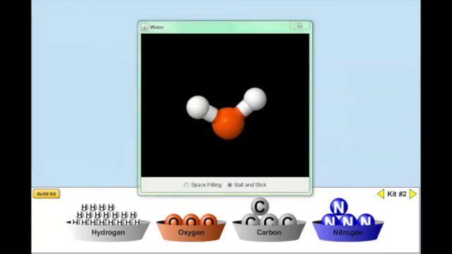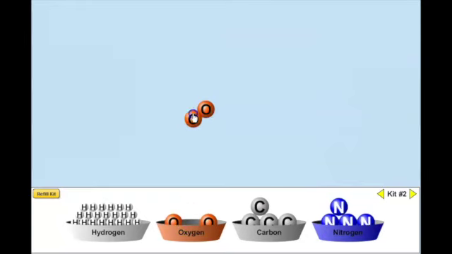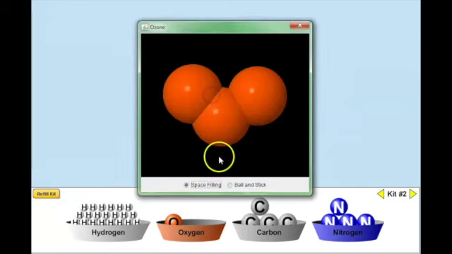Here's a structure where we have the oxygen molecule, O2, and adding a 3rd oxygen turns this into ozone, O3. Now, the 2-dimensional Lewis structure is just going to be all those oxygens in a line. But ozone is an example where the 3-dimensional VSEPR shape is quite different because the central oxygen has 1 lone pair and 2 bonds. That's the bent shape. So let's take a look at that.